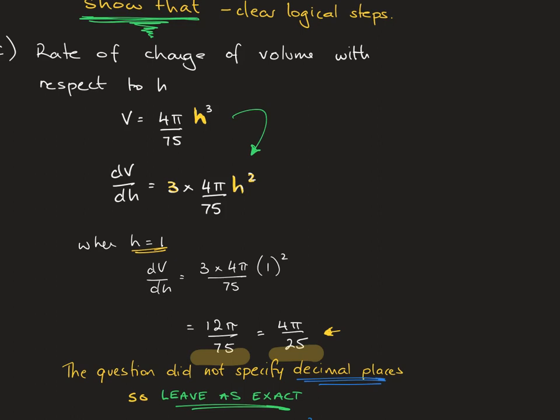Finding this exact answer, and then working out that it's something or other in decimals, does not get you any marks. In fact, it will lose you the final mark, because they are looking for, it says in the exam at the start of the sections, if you read the little blurb at the start of the sections, it says, unless specified, answers must be given as exact values.